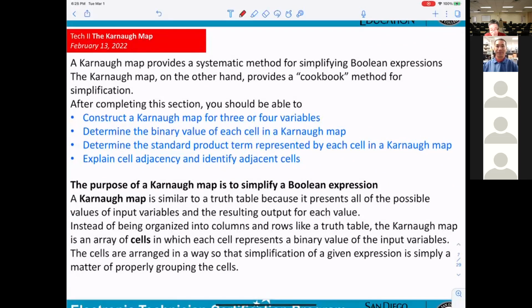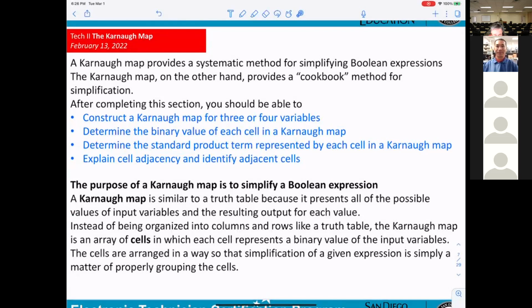Now, I'm talking about that one. K-map provides a systematic method for simplifying Boolean expressions. K-map, on the other hand, provides a cookbook method for simplification.